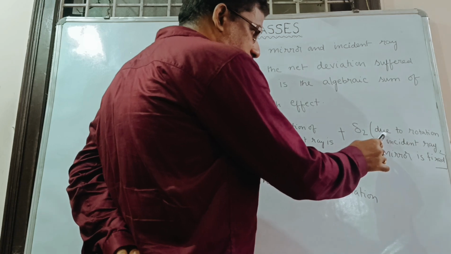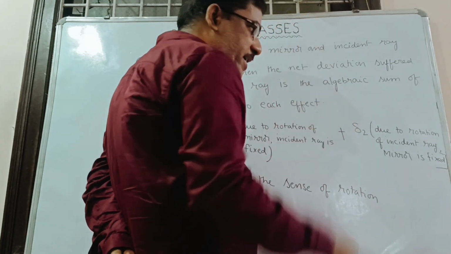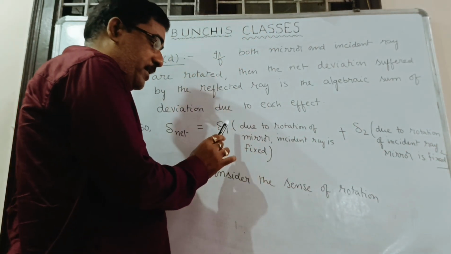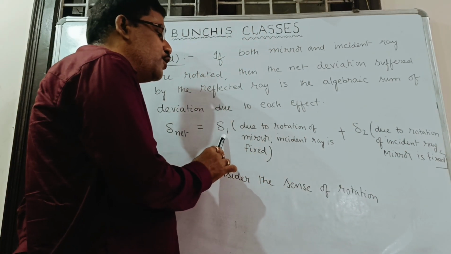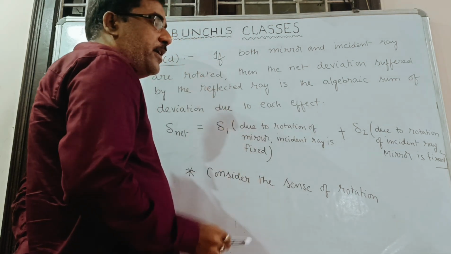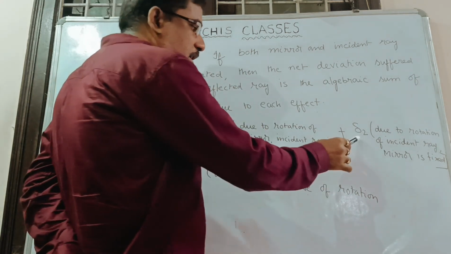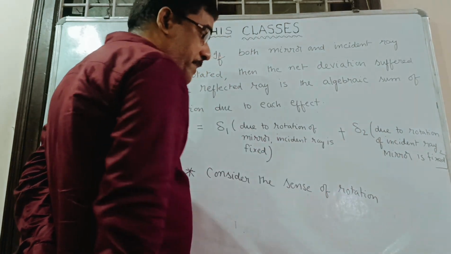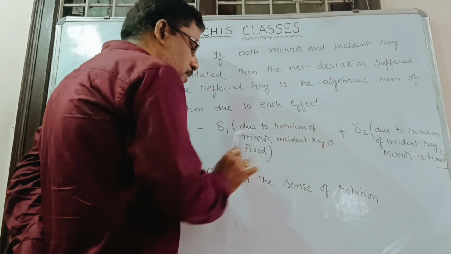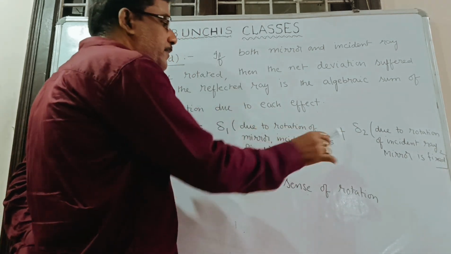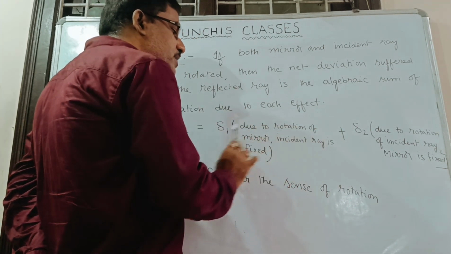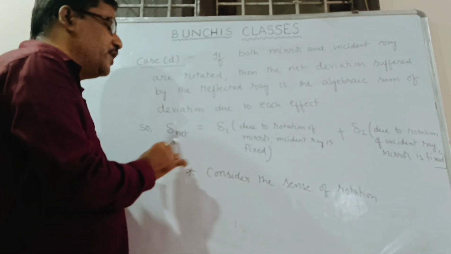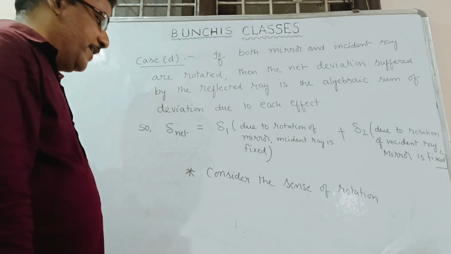This is the deviation due to rotation of the incident ray keeping the mirror fixed. These two deviations we have to add. After adding these two deviations separately, we will get the net deviation suffered by the reflected ray.